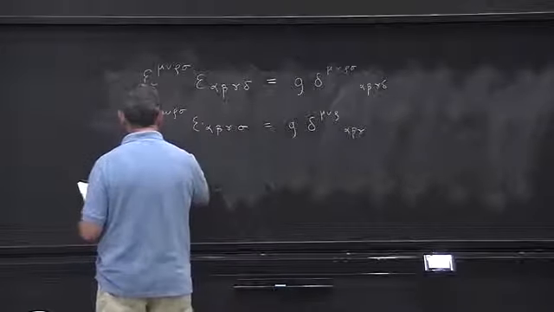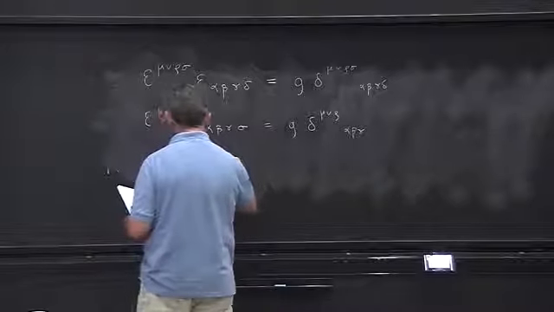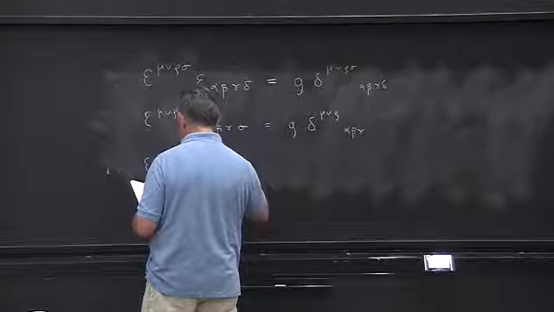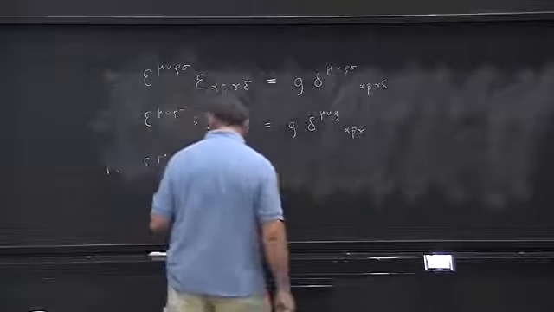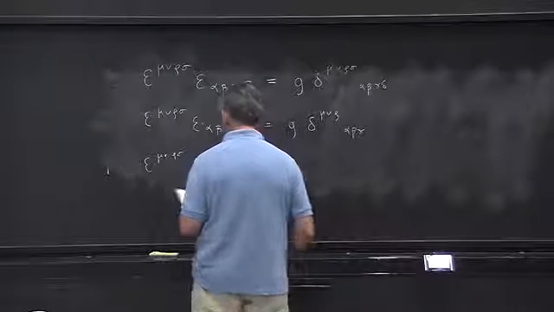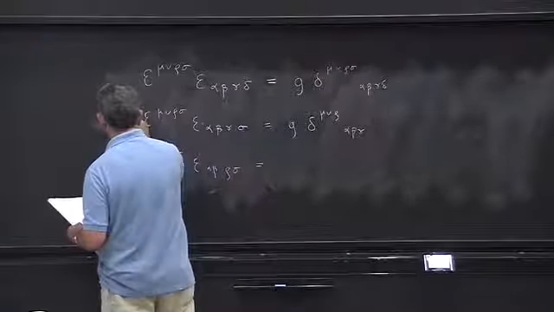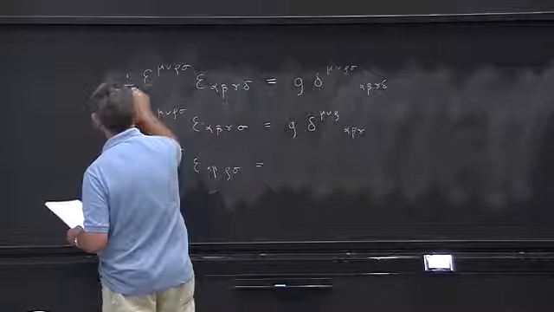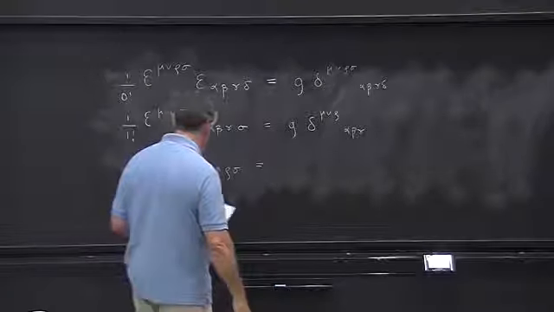Then I do it again. And I need this time to put in the 1 over 2 factorial. So I could call that 1 over 0 factorial, 1 over 1 factorial, 1 over 2 factorial.